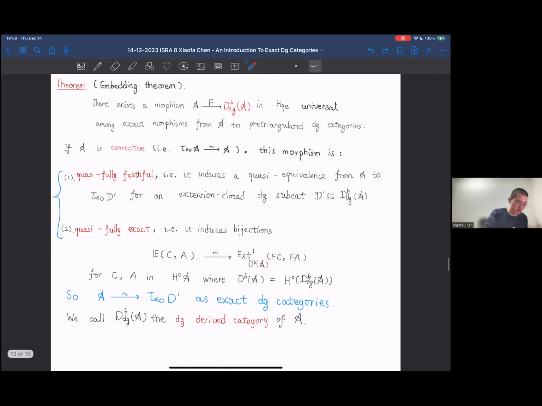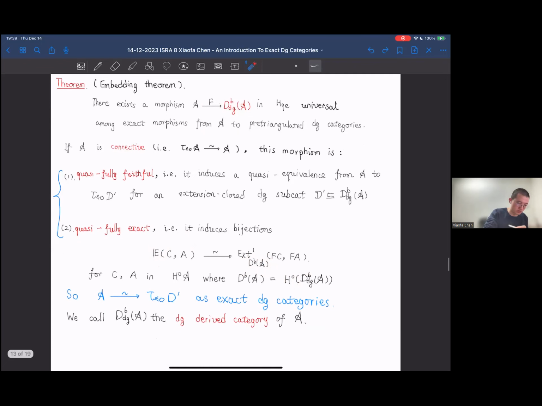Combining these two, we can say that F induces an equivalence of exact DG categories between A and tau less than or equal to 0 of D prime. And we call this pretriangulated DG category the DG derived category of A.